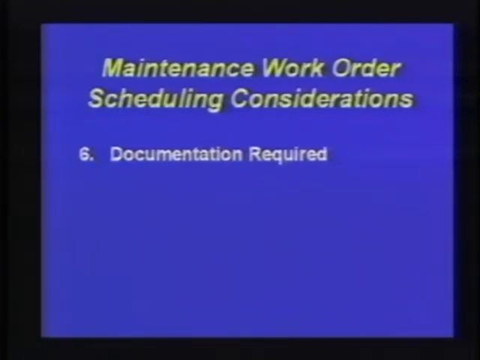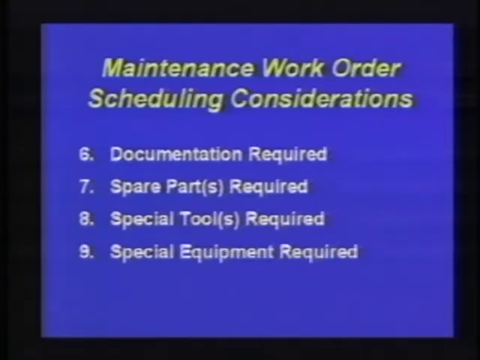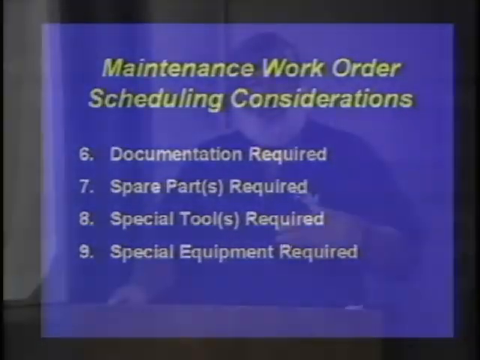In addition, we have to address the spare parts, which is 7, the tools, 8, and the special equipment, 9. If there are tools and equipment required, then we have the procedure for issuing those and tracking those as a byproduct of the work order system, and then those would be returned to the storeroom after the job is complete.